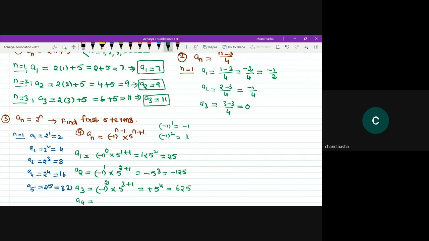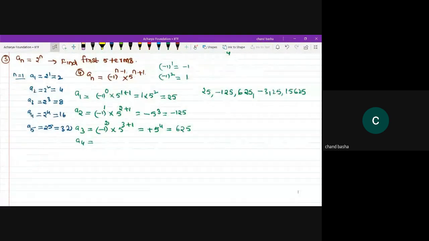As you said, the values are 25, minus 125, plus 625, minus 3125, plus 15625. First 5 values is what is asked, guys. So this is important: how we are finding the negative value.